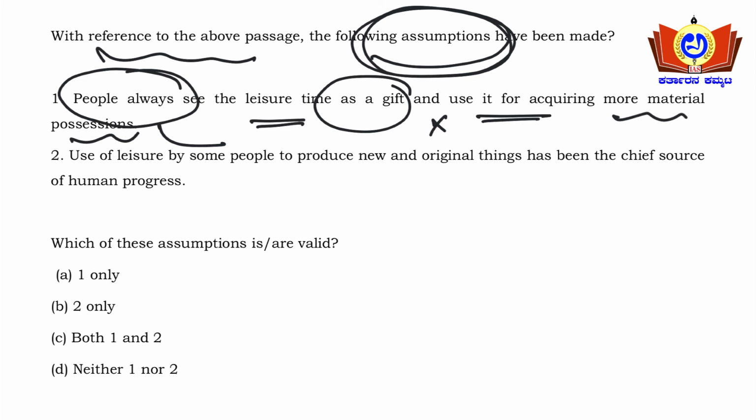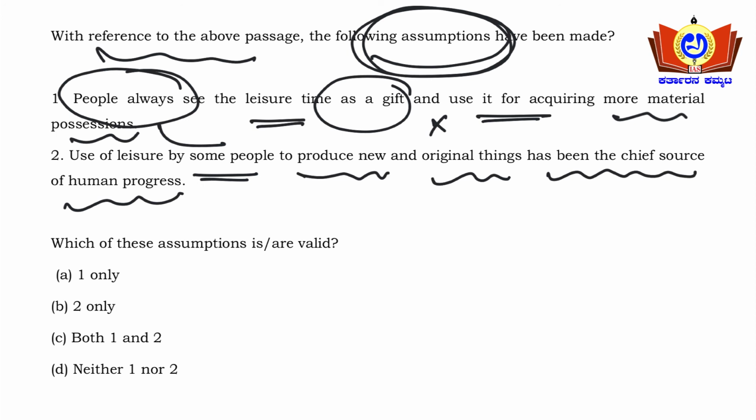Use of leisure by some people to produce new and original things has been the chief source of human progress. In the passage, yet the creative use of leisure by a minority in societies has been the mainspring of all human progress.